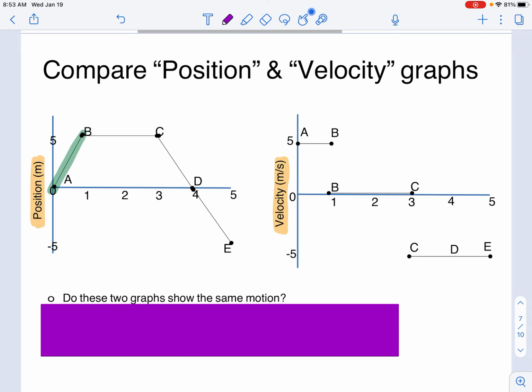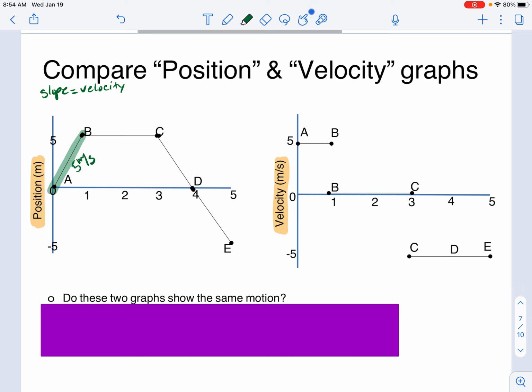If we're looking at the position-time graph, our velocity here is going to be the slope. So the slope is the velocity on this position-time graph. So basically, I'm calculating my slope here. My slope is going to be rise over run, 5 over 1, which gives me a slope value of 5 meters per second.